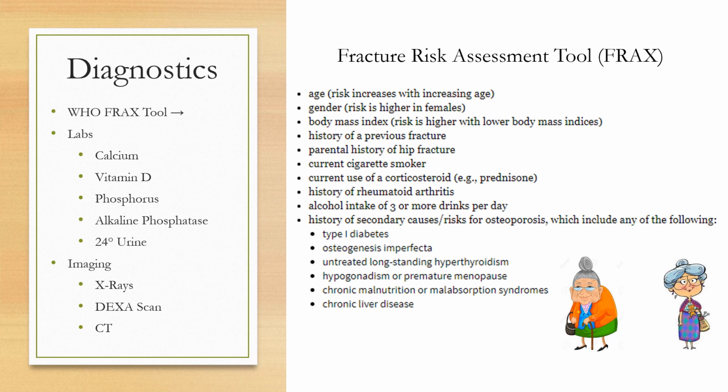A smoker. So what does smoking do? It reduces oxygenation of bones, and just like other parts of the body as well, and that leads to poor bone development and lower density bones. So smokers are at risk for osteoporosis.